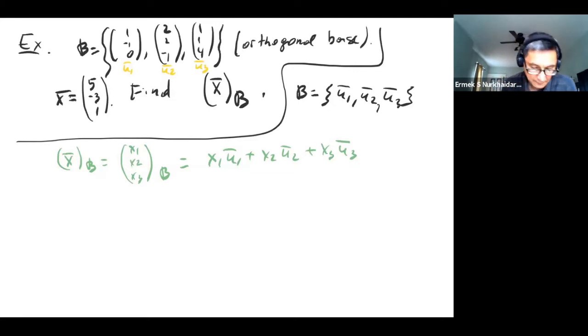Now to find x1, we'll do the following. We take x1 u1 plus x2 u2 plus x3 u3, and we multiply it by u1.